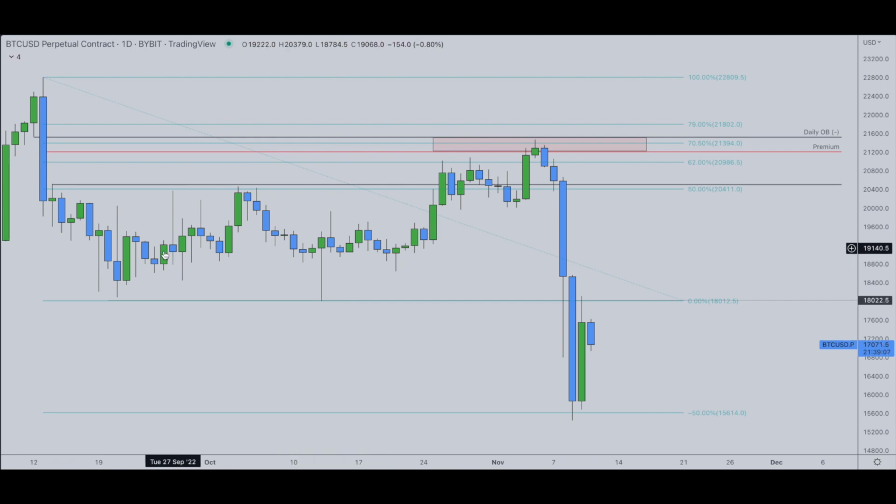So this is our dealing range. As long as we're not breaking anywhere above this high or anywhere below this low, this is our current dealing range. Now we can have many different dealing ranges depending on your time frame, but from a daily time frame perspective, this is our dealing range.